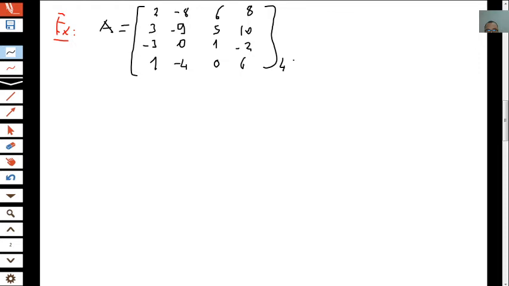We have a 4 by 4 matrix, and our aim is to find the determinant of this matrix. What is the determinant?